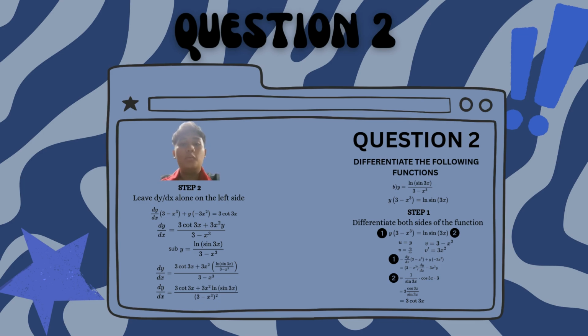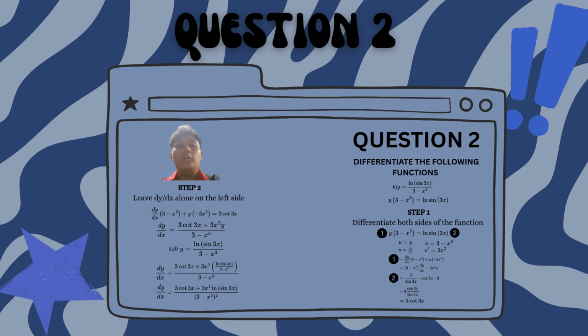So you will get dy over dx equal to 3 cot 3x plus 3x squared y over 3 minus x cubed. We need to substitute y equal to ln sine 3x over 3 minus x cubed into y.